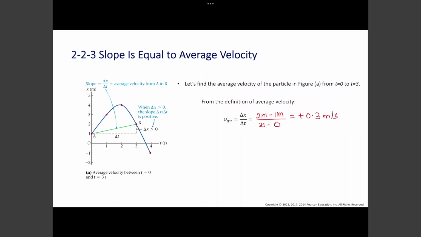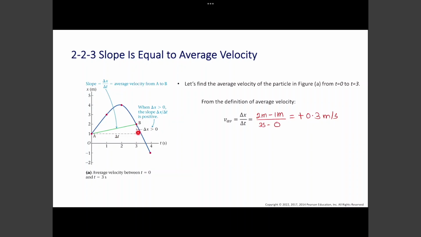We can find this value from the x versus t plot also. If we draw a straight line connecting the time t0 and the time t3, the straight line is AB. From the slope of this straight line, we can find the average velocity. The slope is y versus x.